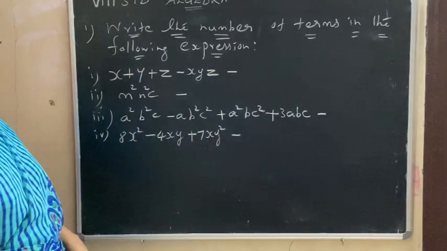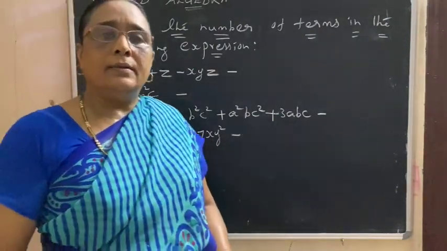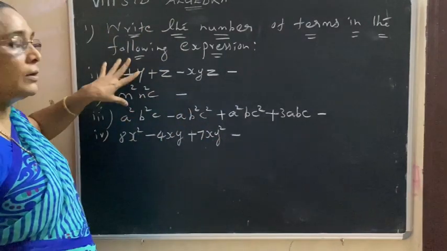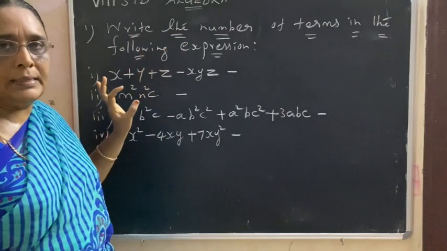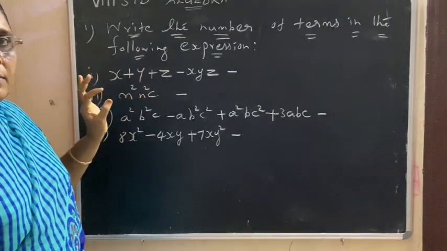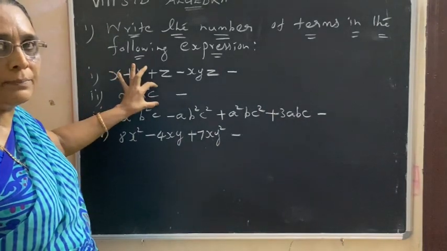Now all of you listen, you have to count the terms. I already told you how to find the terms. You have to calculate like this: term 1, 2, 3, 4. You have to take the whole thing as one term.